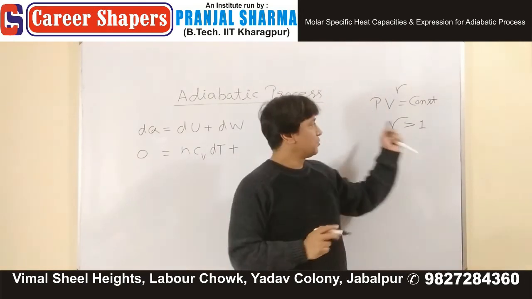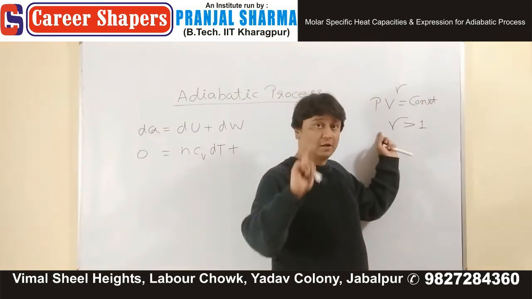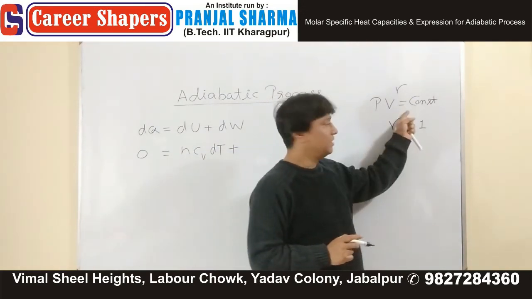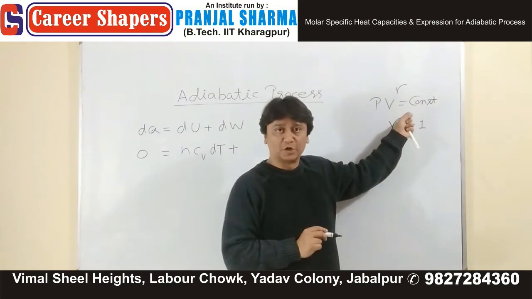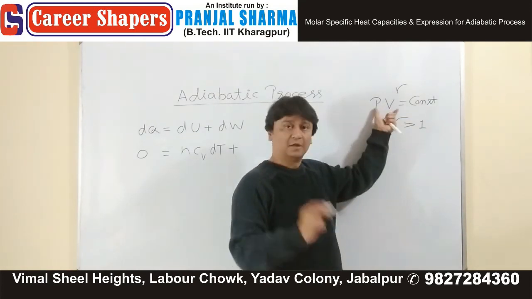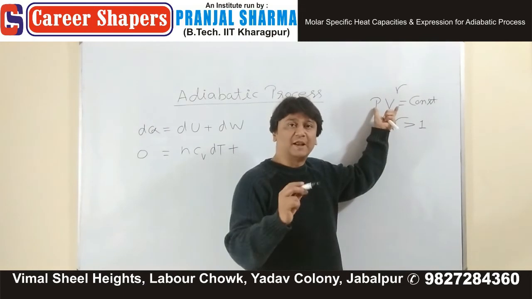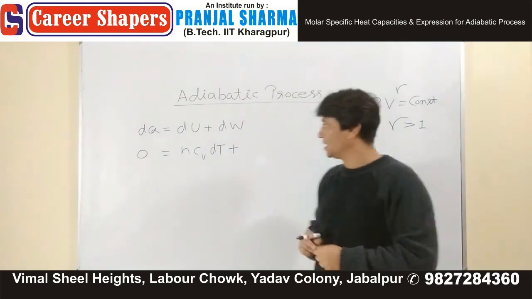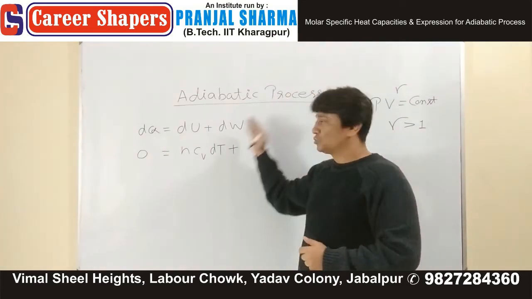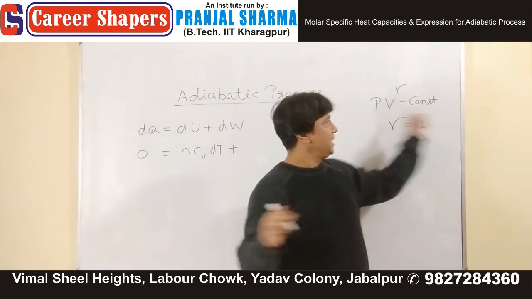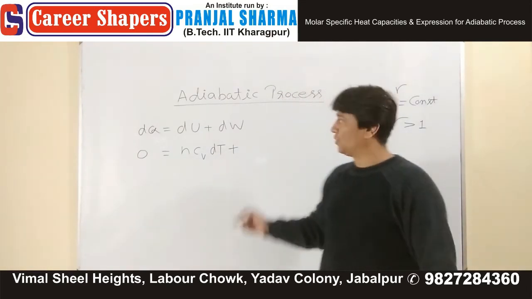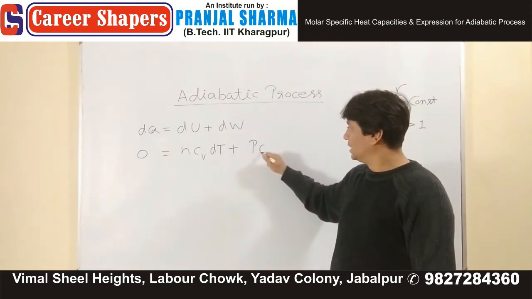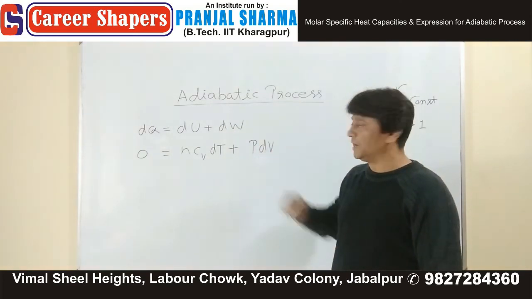The work we derived in the adiabatic process should not be used. Why not? Because there we had assumed that PV gamma equals constant. Then we integrated and got the work, which was coming as nR times T final minus T initial upon 1 minus gamma. We did that in the last class. But so far we have no idea of this, and therefore what is dW? For any type of process, dW is always what? PdV.